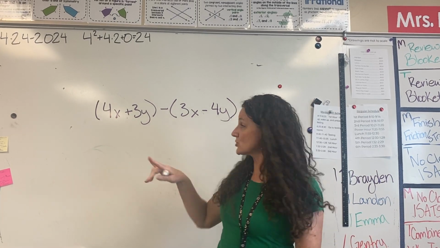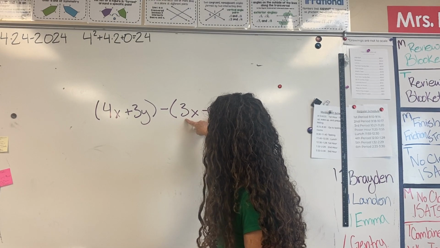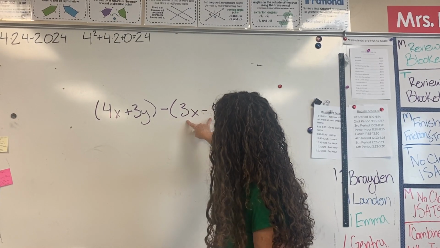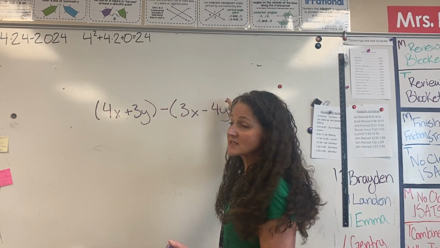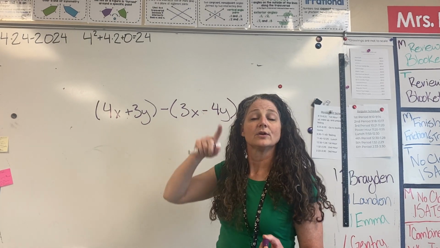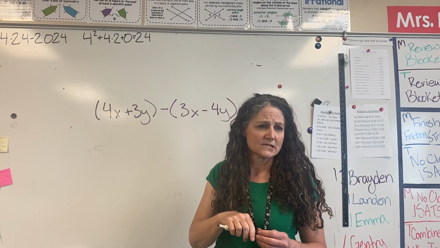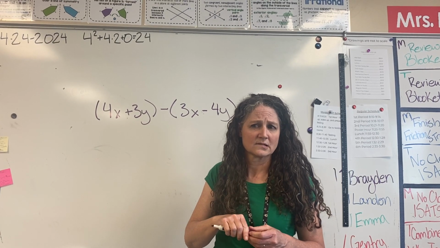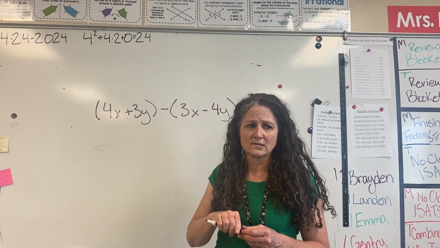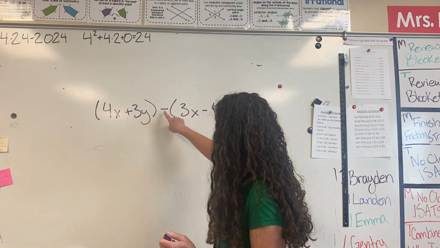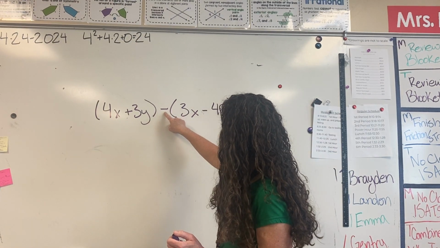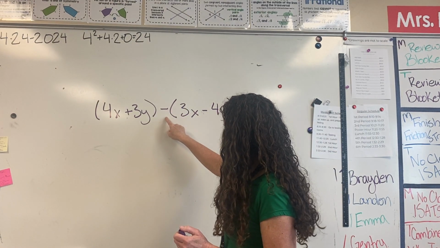No, we're just subtracting, but we're subtracting this whole thing. Can I just pluck those parentheses off of there? No, I cannot. I need to pay attention. We need to give this negative to everything that's in here.